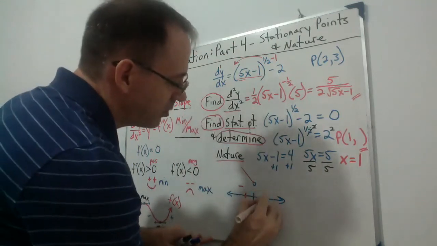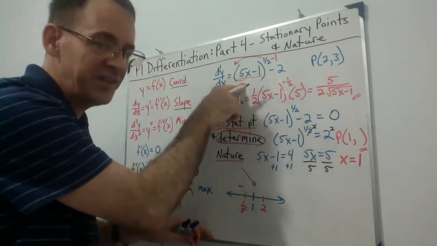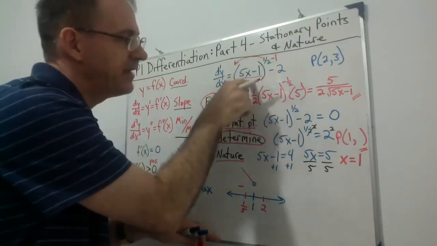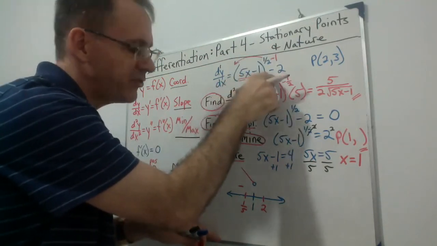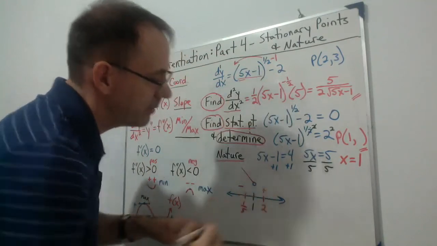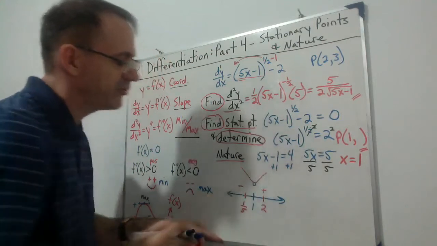If we pick a value on the other side, like 2, we get 2 times 5 is 10. 10 minus 1 is 9. The square root of 9 is 3, and 3 minus 2 is 1. 1 is a positive number, and that means our slope is increasing.